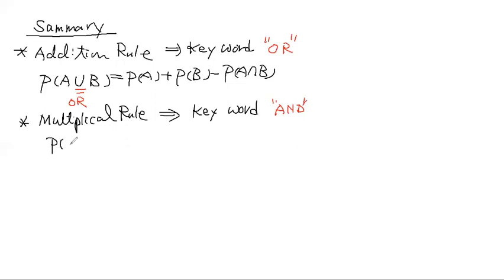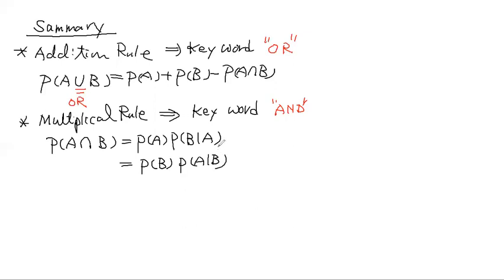That means A intersect B is equal to the probability of A times the probability of B given A, or you can write it as the probability of B times the probability of A given B, as long as you are consistent, right?